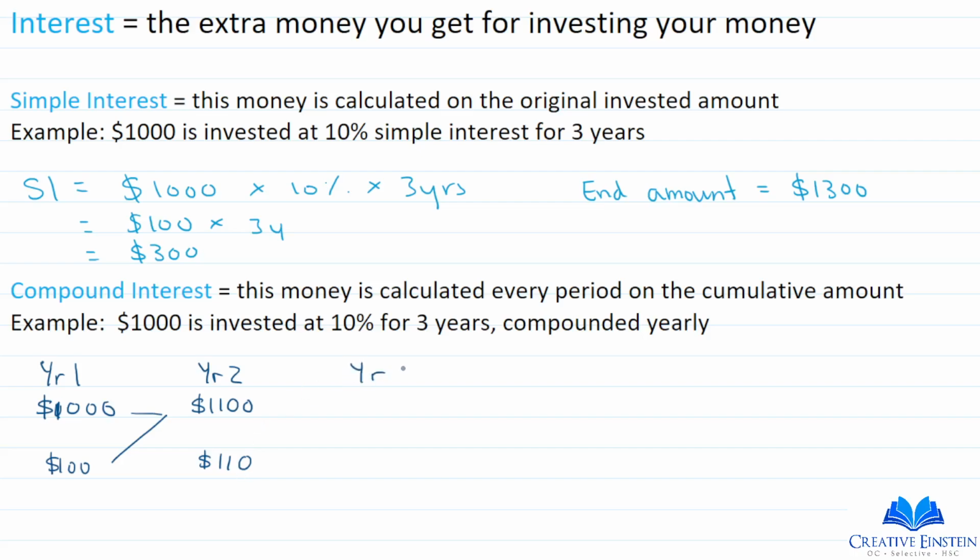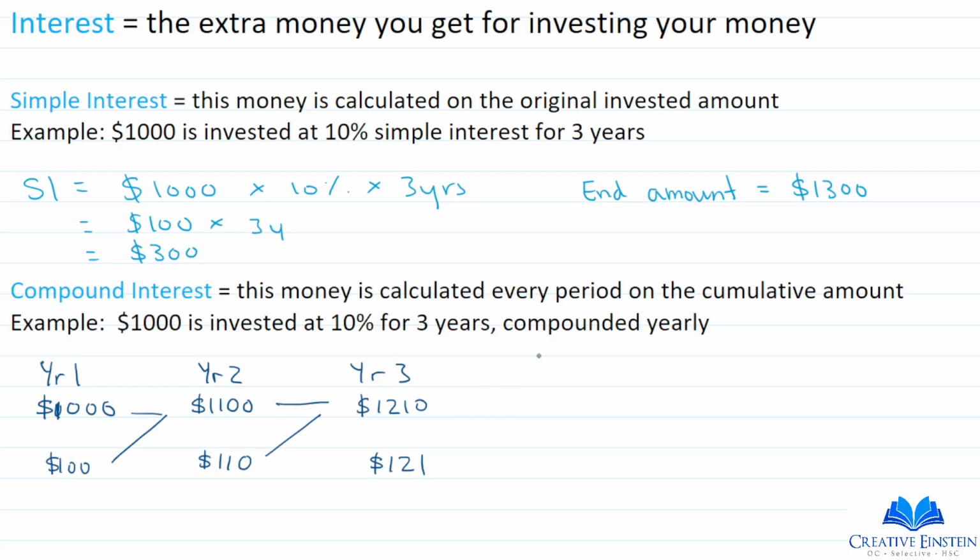So at the end of year 3, the amount of interest is calculated on these two added together, which is $1,210. Now if we look at the interest on that, 10% of $1,210 is $121.